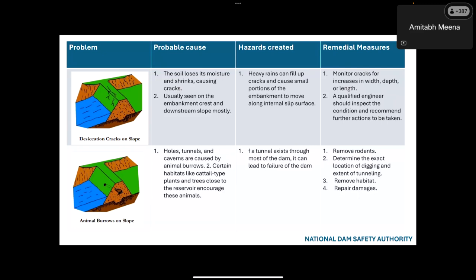These are again desiccation cracks. They may be on the slope also. They can be on the top also, and we have to monitor the cracks. And proper material should be filled into these cracks.